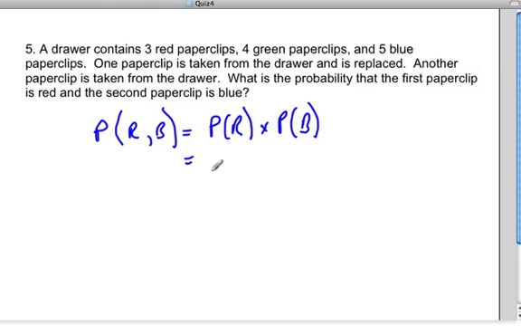So the probability of the red being drawn is 3 out of 12 times, now the red paper clip is replaced again, so there are still 3 red paper clips in there. So the probability of then drawing a blue will be 5 out of 12. And so this will reduce to 1/4. So we end up with 5 out of 48.